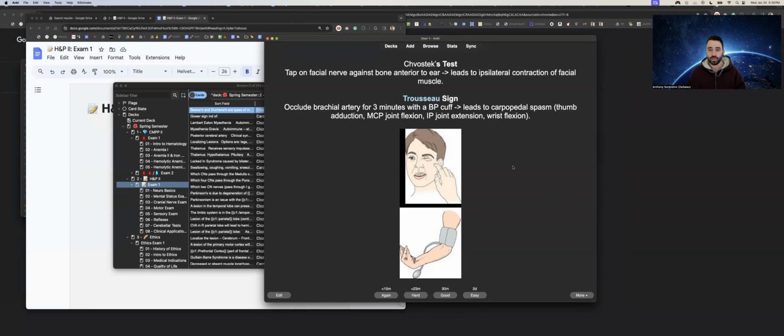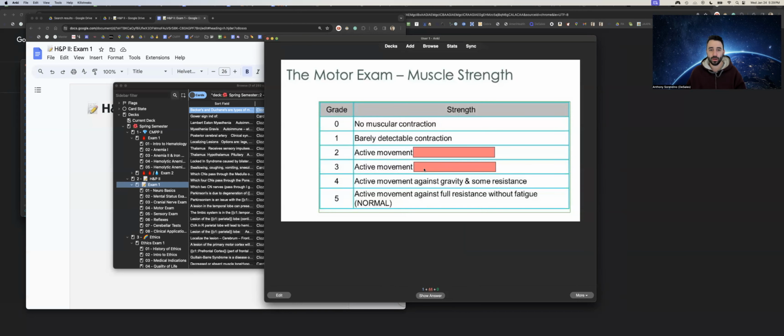Are we even recording? Yes. Okay. Active movement in the absence of gravity, and 3 is active movement just against gravity. Yeah. So 2 and 3 is gravity and no gravity. So 0 is no contraction. 1 is just a little bit of contraction.